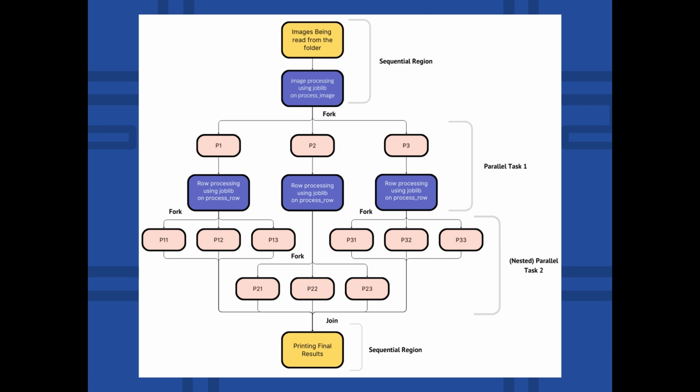There is a sequential region which, upon calling the function in joblib, divides the work between 3 processes. Furthermore, these 3 processes come across another joblib function dividing the work to 3 more processes. Finally, once the work is done, it's joined back to the sequential region to print the final result. So let's have a look into how the joblib function works exactly and how we used it to parallelize images in our code.